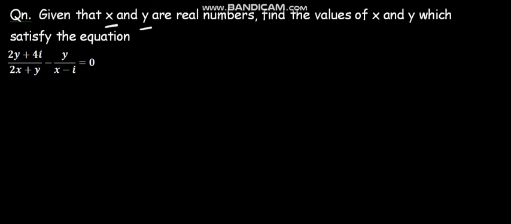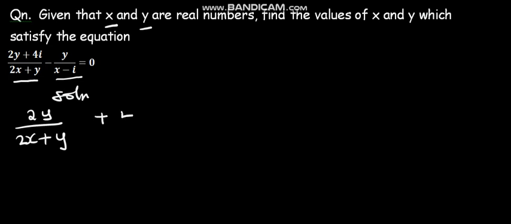So what we are going to do, we are going to separate the numerator and we find the conjugate of the denominator. Solution. So we are going to say 2y/(2x + y) plus 4i/(2x + y), then minus y/(x − i).